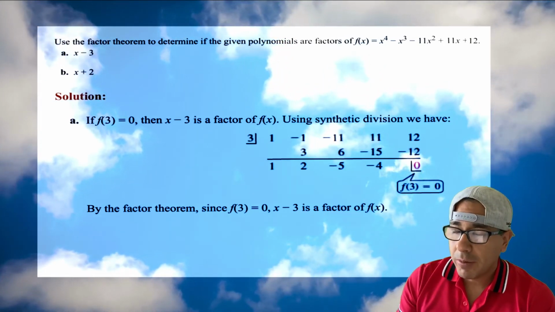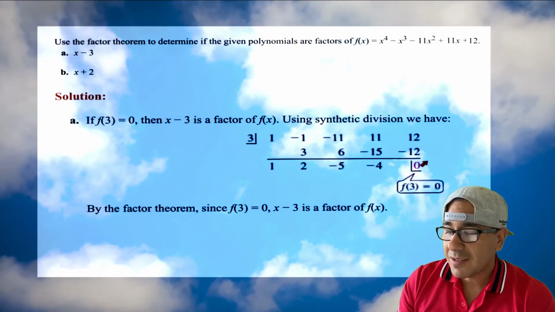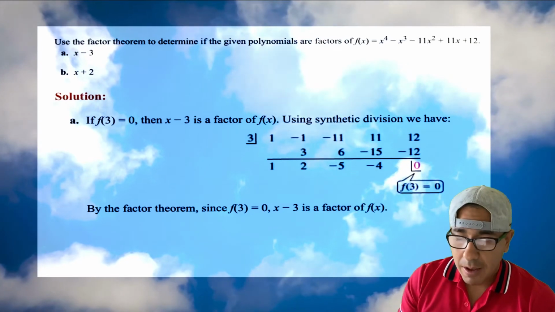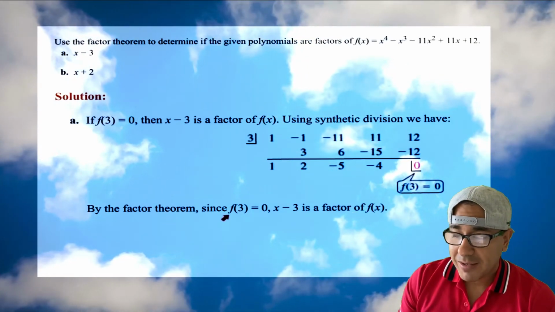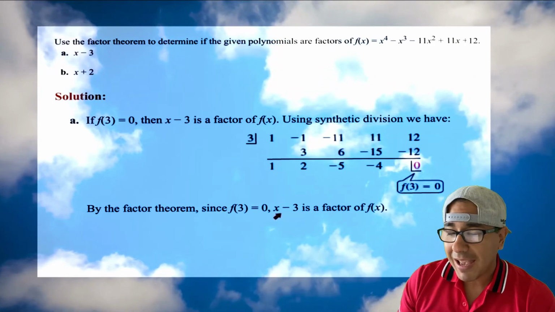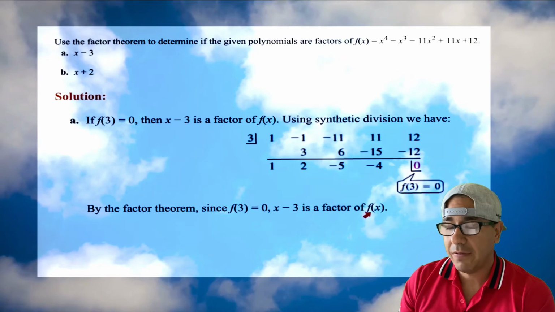Notice, when we plug in 3, f of 3 gives us 0 here. So what does that tell us? By the factor theorem, since f of 3 equals 0, since we did get a 0, that means x minus 3 is a factor of f of x.